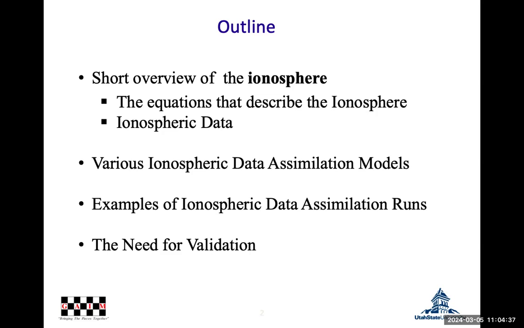Then I'll talk a little about the equations that describe the ionosphere, and from there we're going to see where the different approaches for data assimilation come from. Then I'll talk about ionospheric data that is out there, just briefly to give you a feel of what's available.